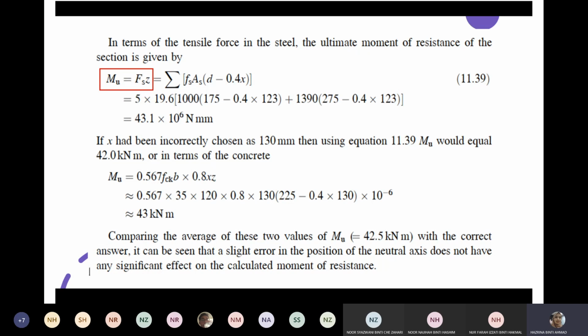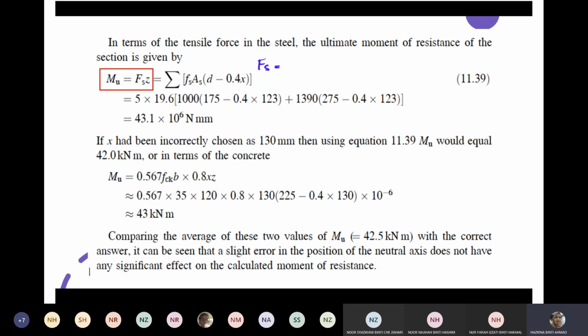So we have As multiplied with Fs. We have Fs of 1000 for the top layer and 1390 for the bottom layer, then multiplied with d minus 0.4x. Basically, this is the equation of Fs, just for you to memorize.